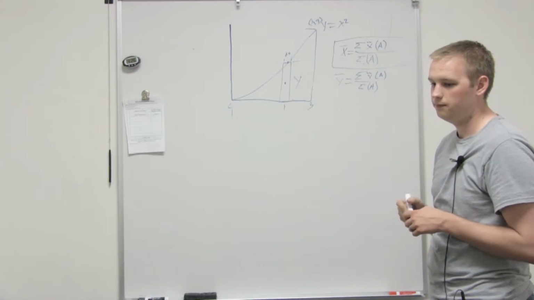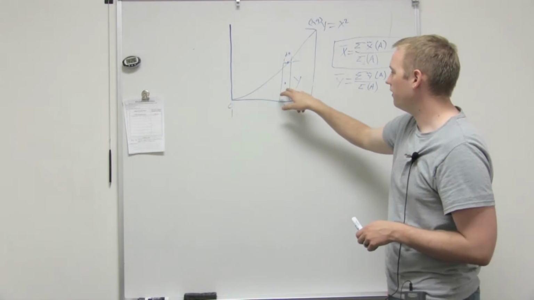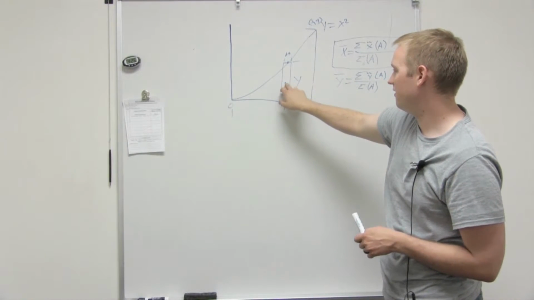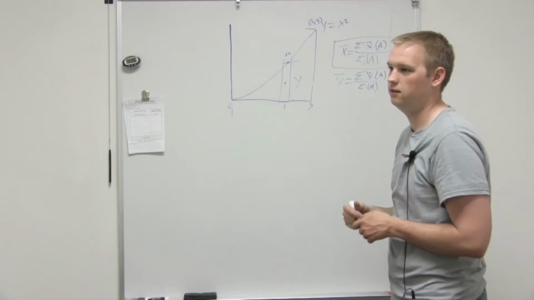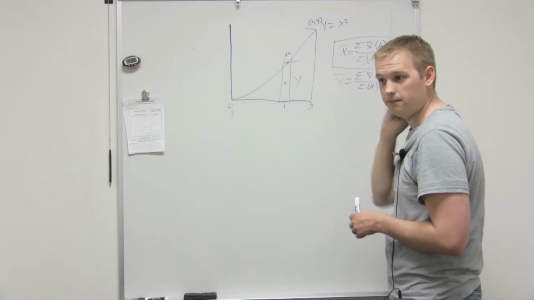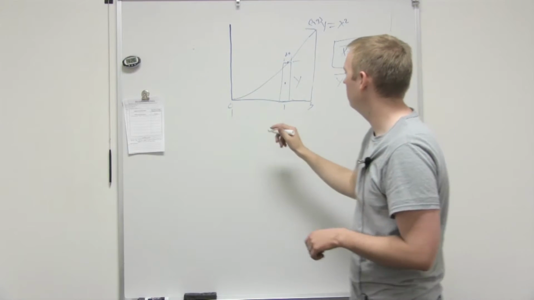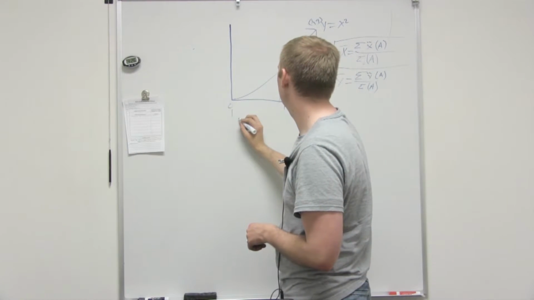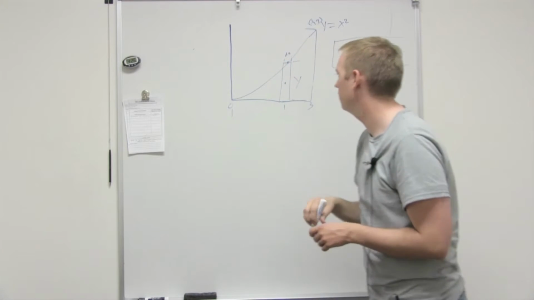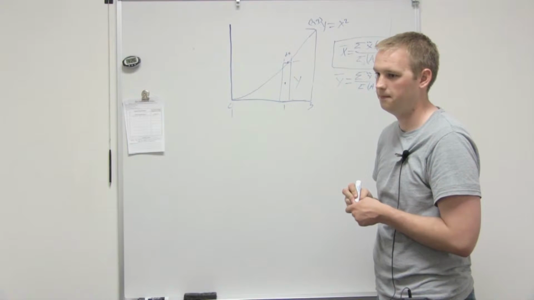What do you mean by x tilde? x tilde is the distance from the y-axis to this point. Isn't this going to be 3 minus x? Not quite. It's the distance to that point.